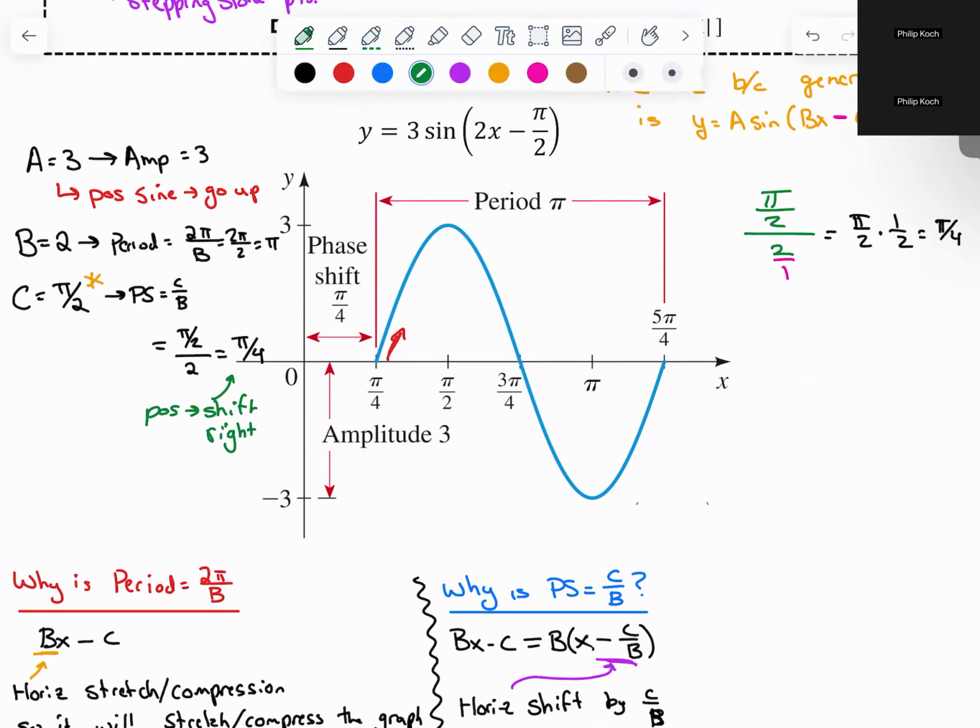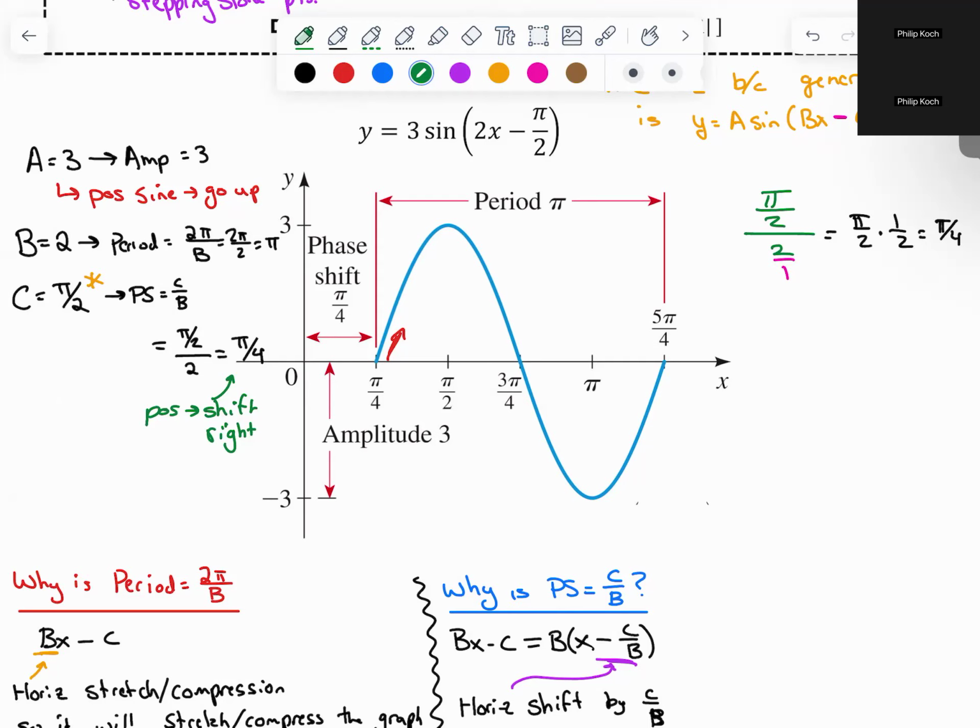Please give yourself some grace here. This is going to take a lot of practice. Any questions so far? We're not graphing it yet, but we're identifying all the properties and seeing how they correspond.